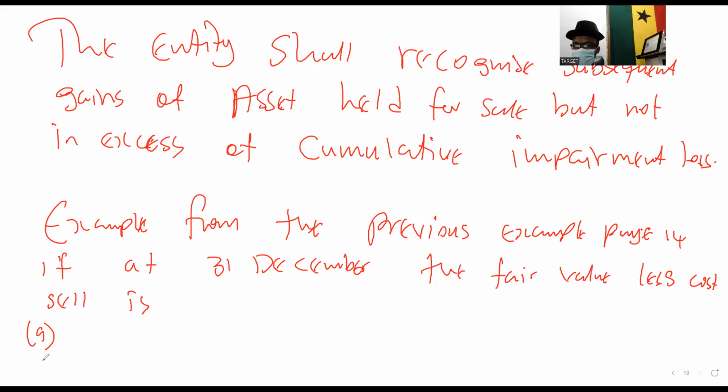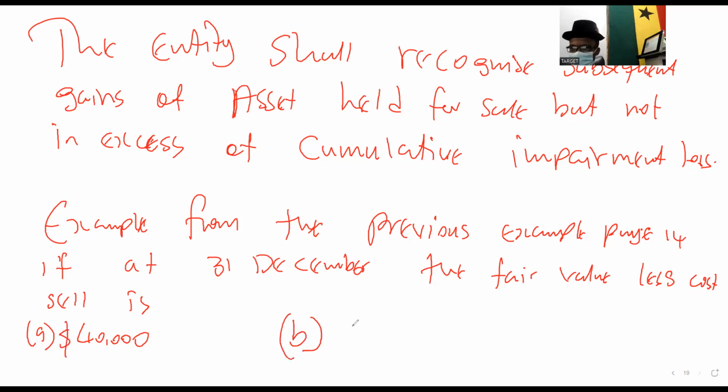Let's just assume two scenarios. Let me even give three scenarios: B, C, A. Let's assume that the fair value is, as usual, $40,000.